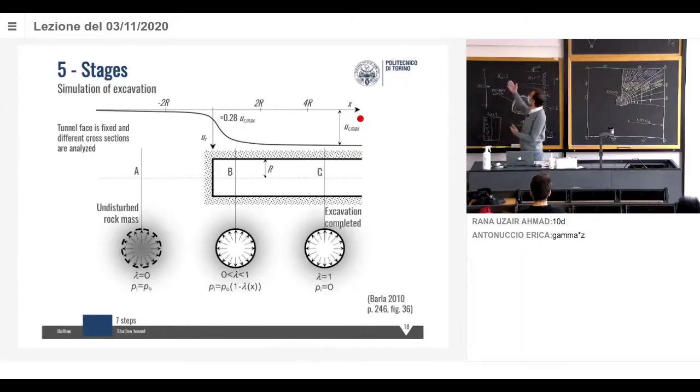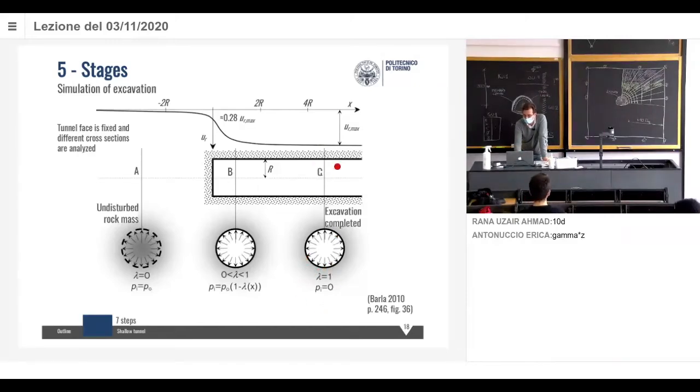And this is a 3D situation because the excavation phase is advancing, and we call this a 3D effect of the advancing face, but we usually model the problem in 2D. We're doing a 2D model here also, so we need a trick to go from 3D to 2D, and the trick we use is that of the lambda, or the internal pressure.